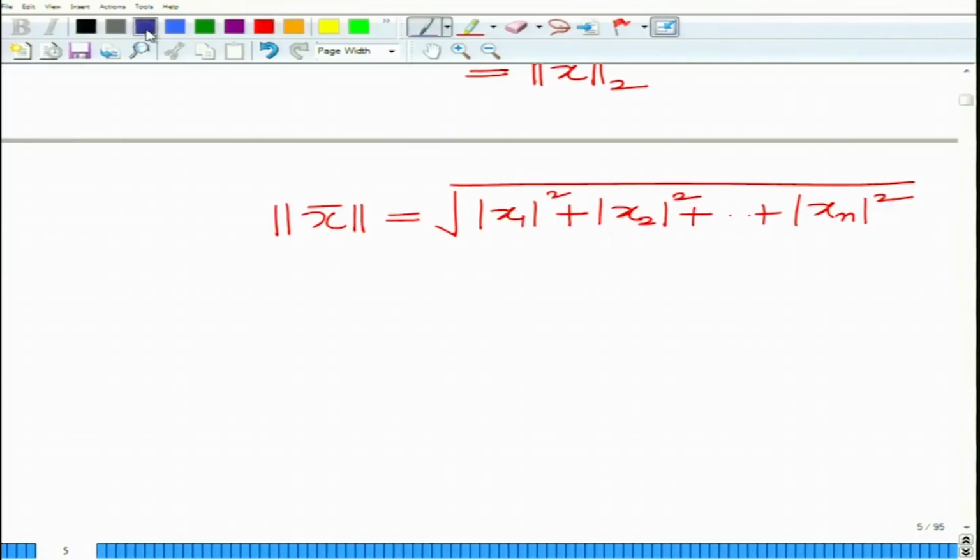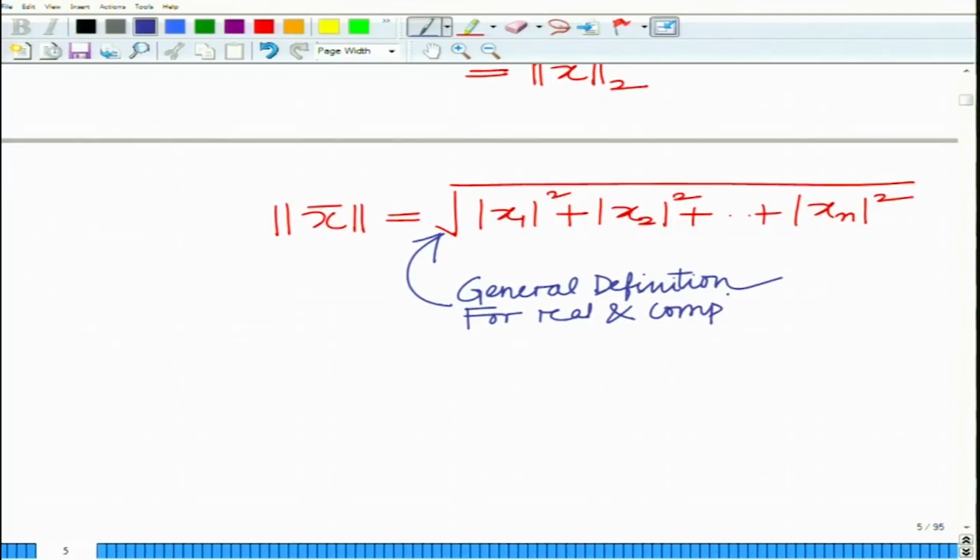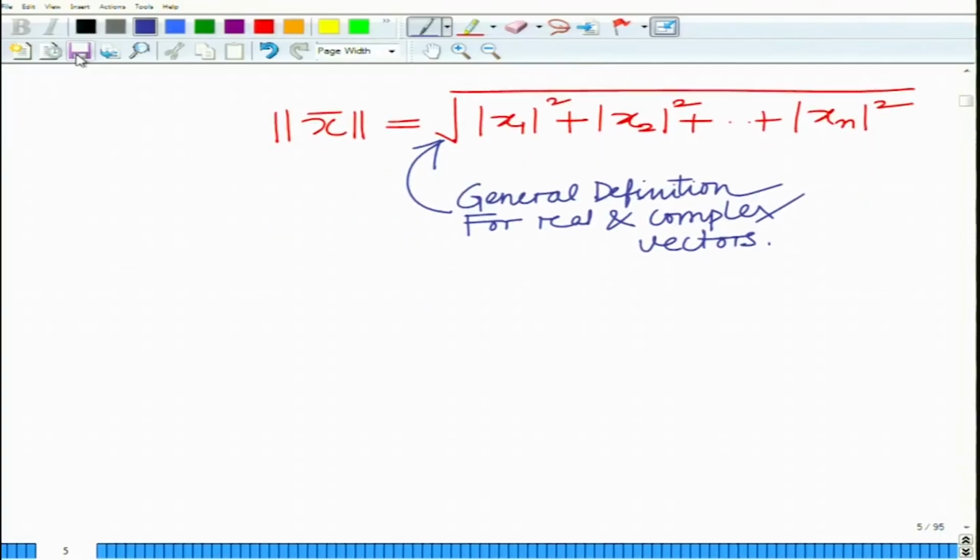This definition is general, it works for both the real as well as complex vectors. Okay. So, in that sense this is a general definition. For real numbers you can simply replace the magnitude square by the square of the element. So, this is the general definition that is applicable both for real and complex vectors.